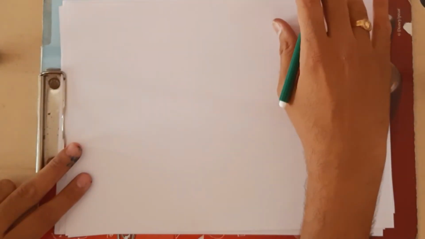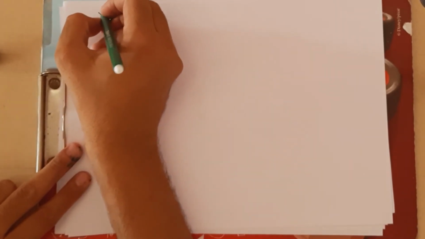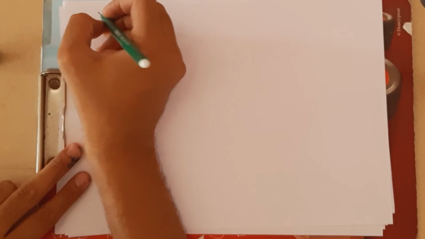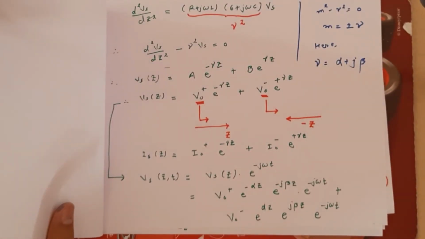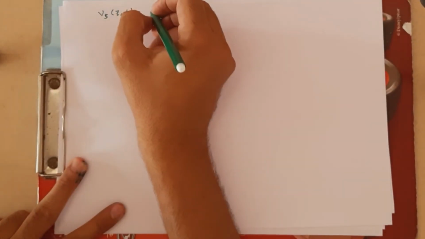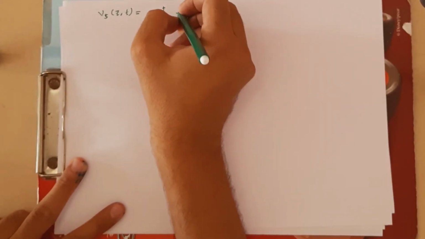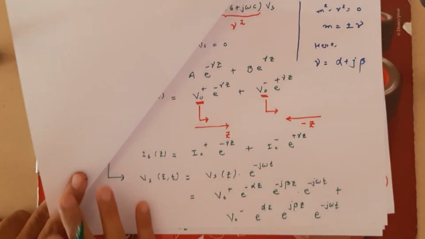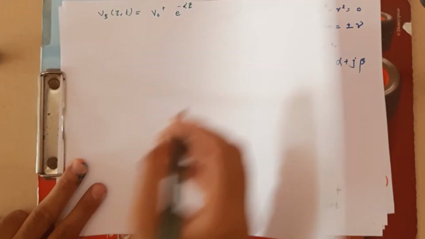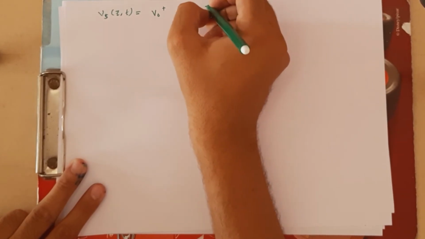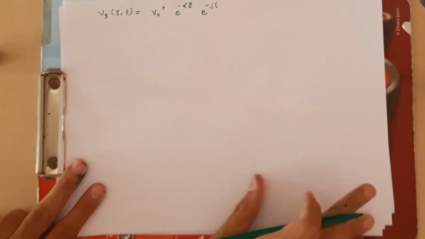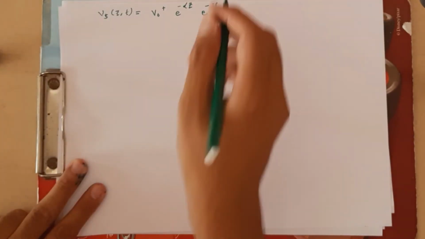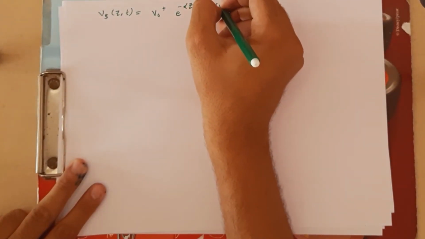So v of z,t or Vs of z,t is V0 plus e raised to minus alpha z, where alpha is the attenuation constant, e raised to minus j omega t plus beta z.